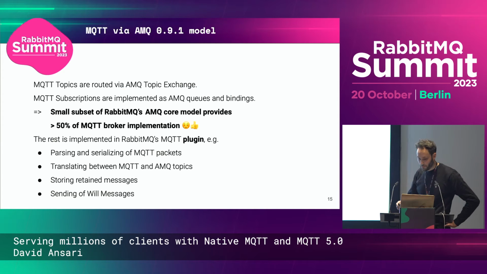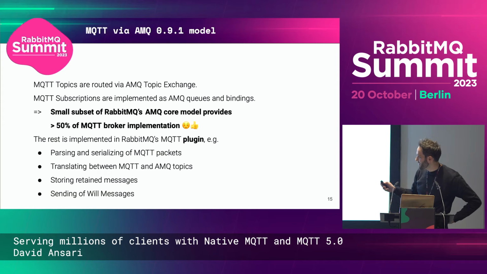So we just saw on the previous slide that MQTT topics are routed via AMQP 0-9-1 topic exchanges. And also we can implement MQTT subscriptions as AMQP 0-9-1 queues and bindings, because queues just store the messages, and the bindings are the topic filters in MQTT, so matching topics and then receiving messages.